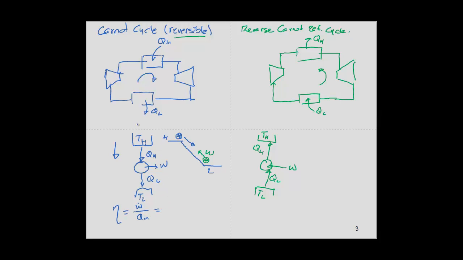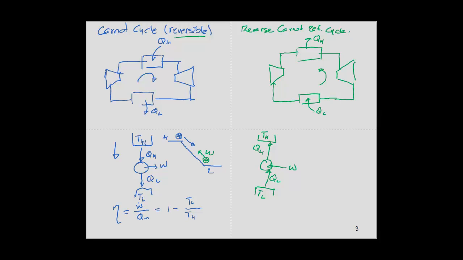And because this was isentropic, I could put it this way after manipulating.